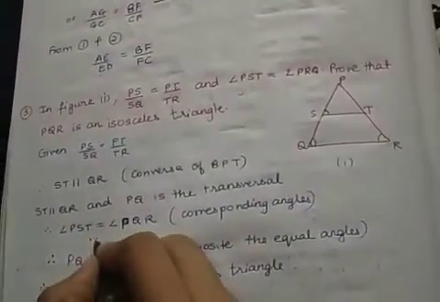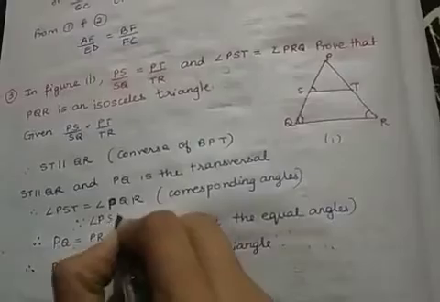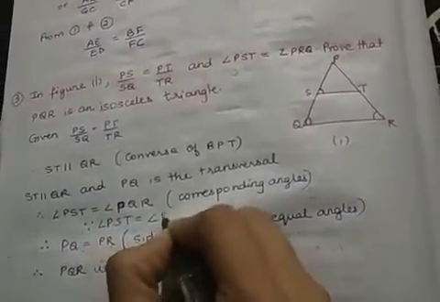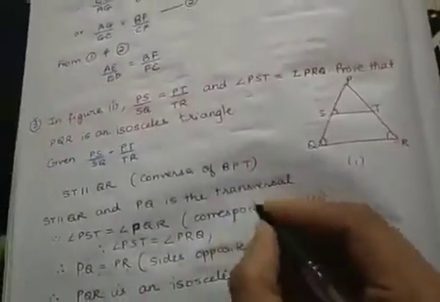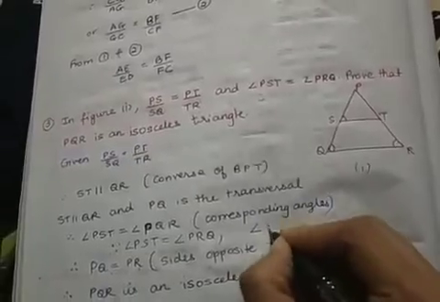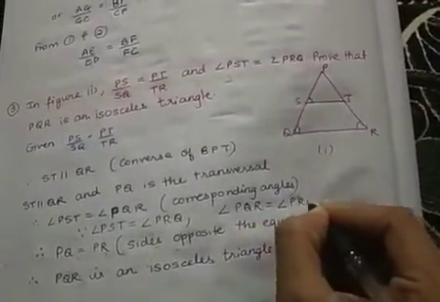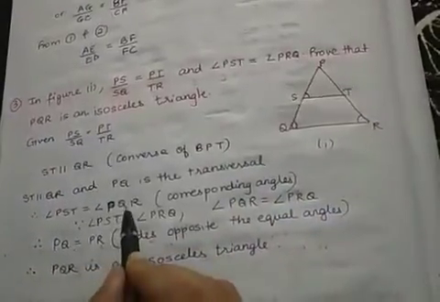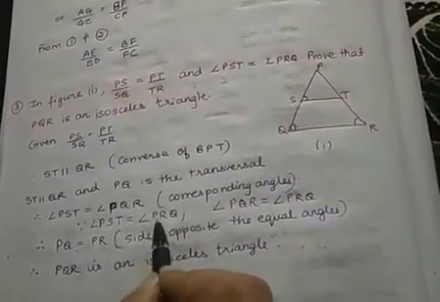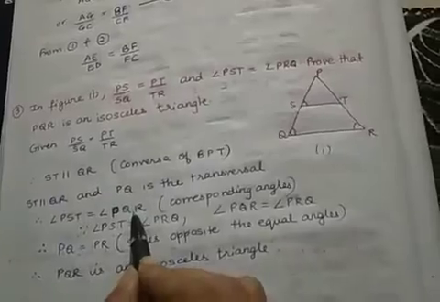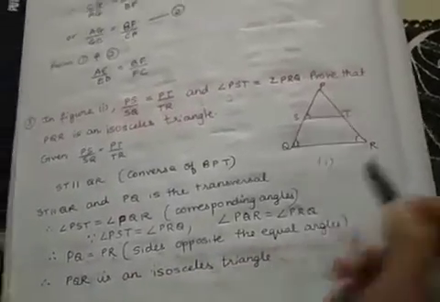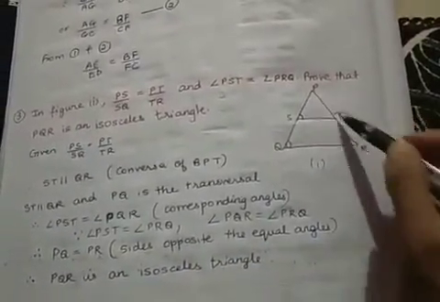So since angle PST is equal to angle PRQ, I can say that angle PQR is equal to angle PRQ, correct? Because PST is equal to PQR and PST is equal to PRQ, so PQR will be equal to angle PRQ.